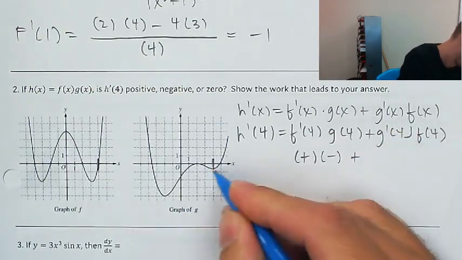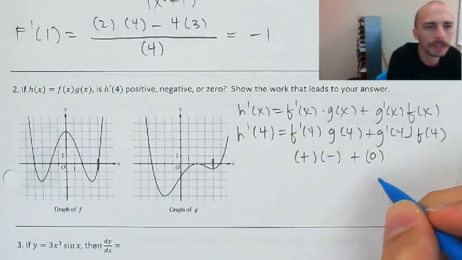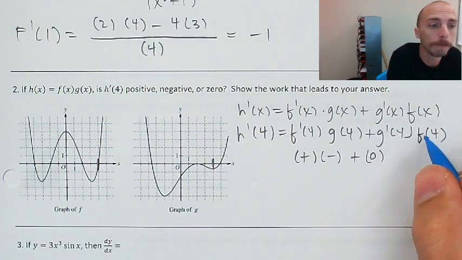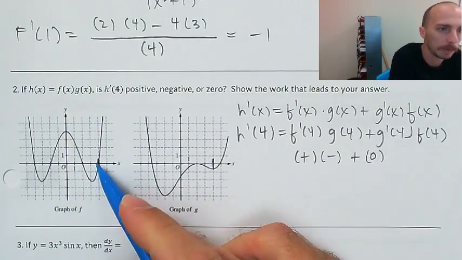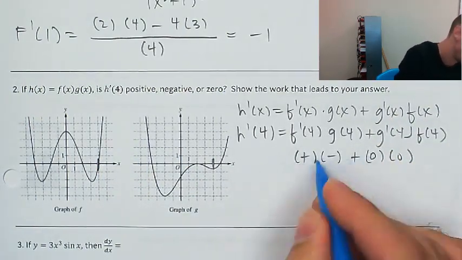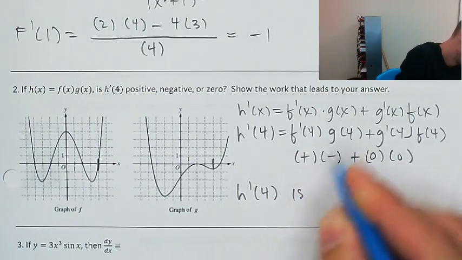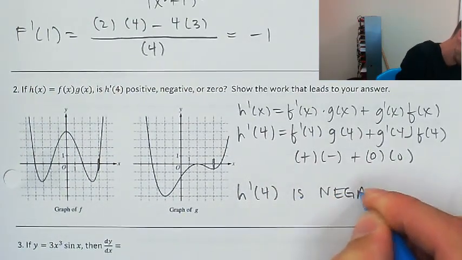And then g prime of 4, it looks like it's close to 0. I'm not sure, but I think it's probably 0. It doesn't matter because f of 4 is definitely going to be 0, right? You can see it's equal to 0. Okay, so I've got a negative number plus 0, and so h prime of 4 is negative.